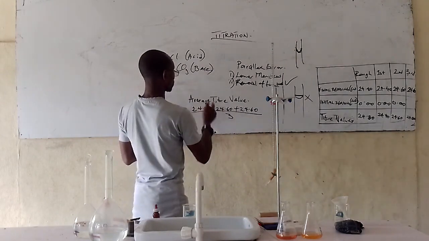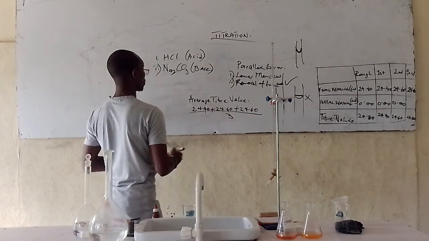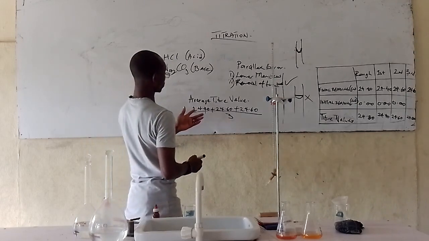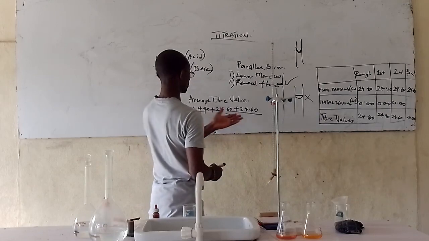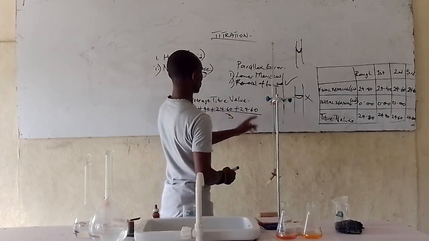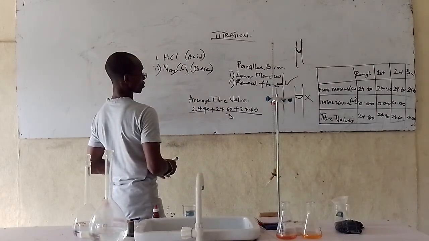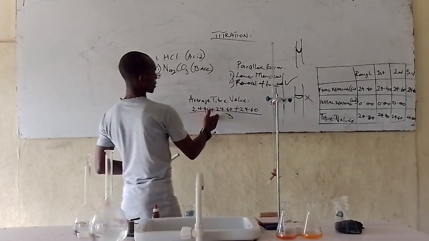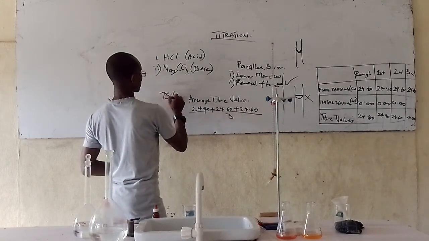So 24.40, 24.60, 24.60 is going to give us a total of 72 plus, that's going to be 73.60.